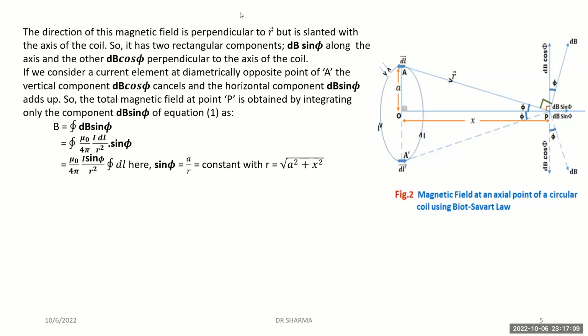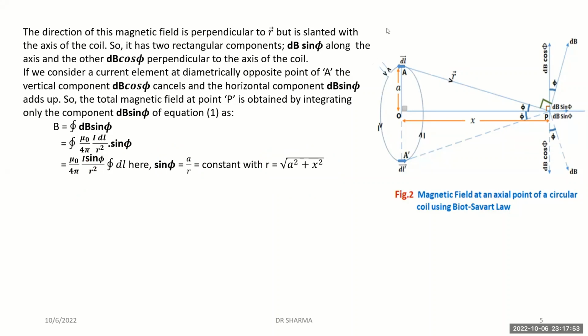Then see here, mu naught by 4 pi is constant, current is constant, sin phi is constant, because sin phi is equal to a upon r. a is the radius and the r vector in this case is constant because it is symmetric about the axis, so its value does not change throughout the circumference of the circle. And r is just root under a square plus x square by using Pythagoras theorem. So constant terms are taken out of the integration sign.